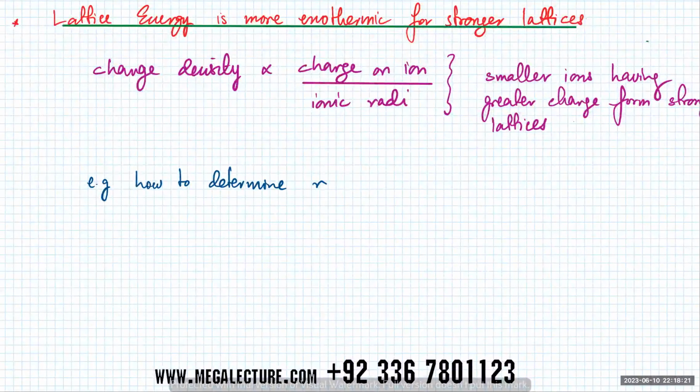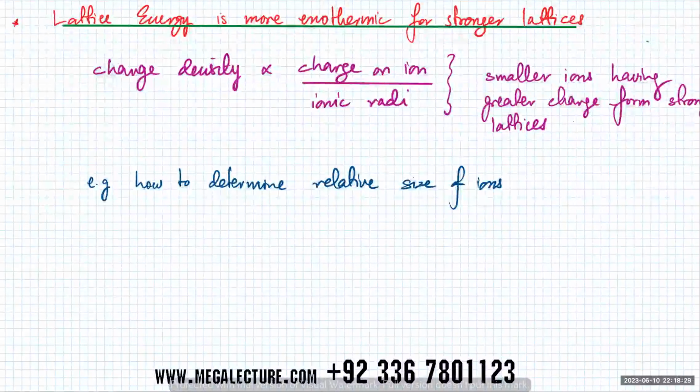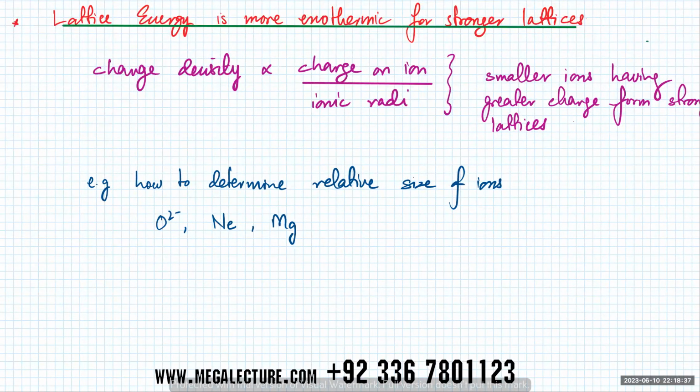How do we determine the relative size of ions? For example, I have oxygen, which is 2 minus, neon, and magnesium, which is 2 plus. Magnesium is 12, neon is 10, and oxygen is 8, by proton number. Which one do you think is the smallest ion, and which one is the biggest?